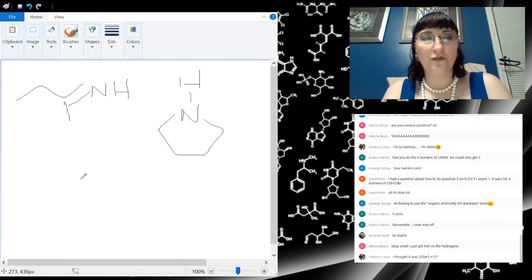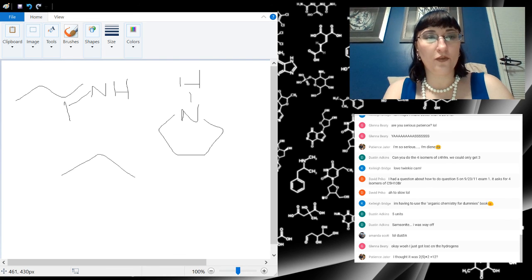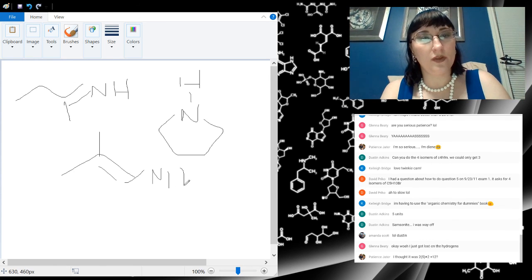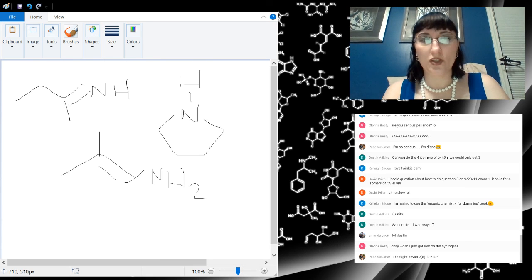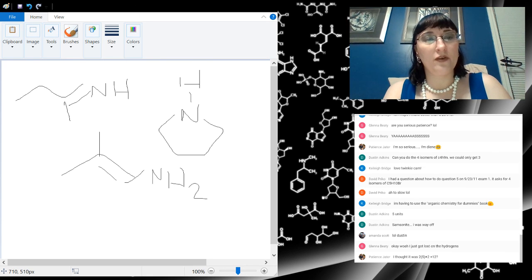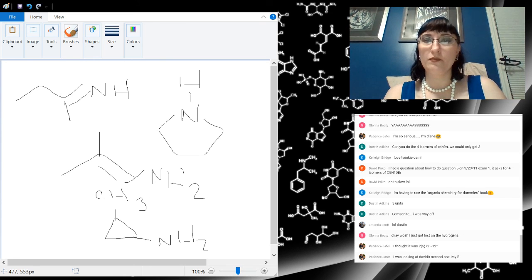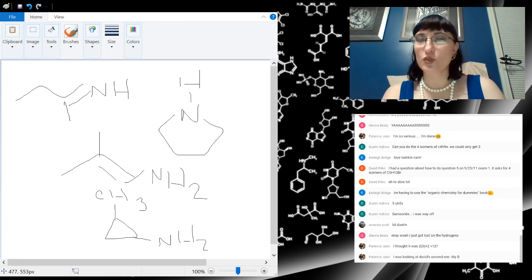I could have a chain of 3 carbons with a carbon coming off of it, like that, and a nitrogen coming off. So you can make branched chains with the nitrogens, you can make branched chains with the carbons. I could have a cyclopropane, which would be 1 unit of unsaturation, with like an NH2 group on it and a CH3 group on it. So there are lots and lots of options for isomers with that formula.